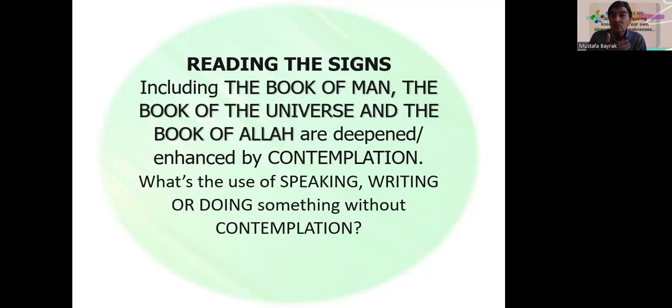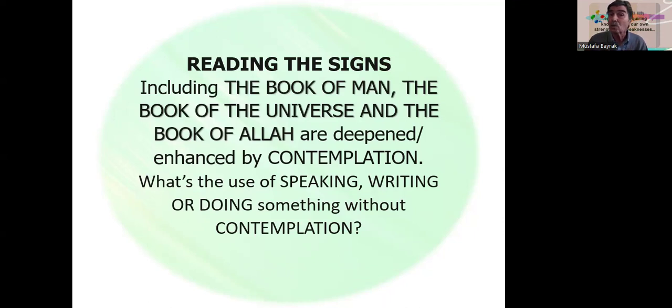Yes, including the book of man. The book of man has signs, messages, meanings in it. The book of the universe also has signs, messages, meanings, and letters. Yes, they are letters. A beautiful flower is a letter which is waiting for us to read that letter.